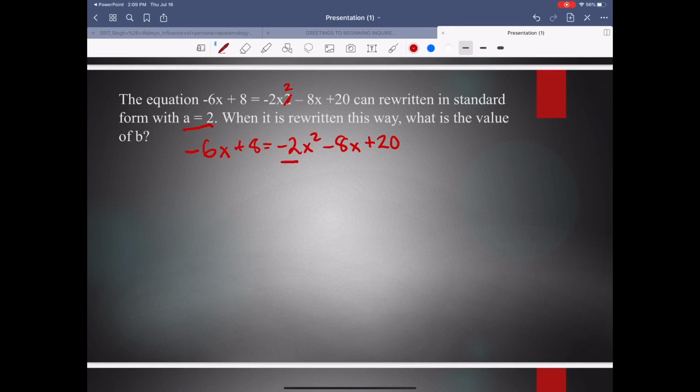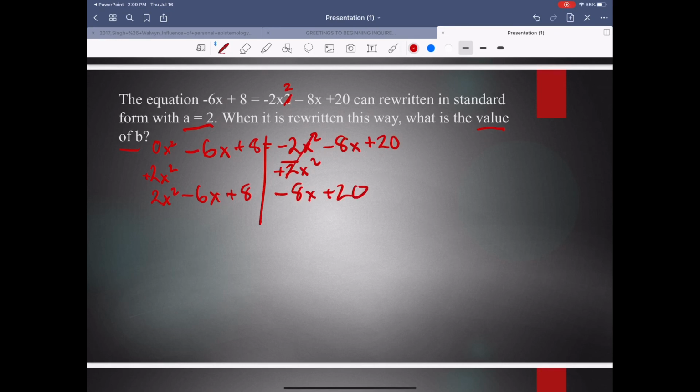But if you notice, the question's asking for b. So first off, let's go ahead and move all our terms to the side it wants us to. So draw my line. I'm going to move one term first. The inverse of negative 2x squared is plus 2x squared, plus 2x squared. Now you notice on the left there isn't a quadratic term, so basically this is going to be 0x squared there. 0 plus 2 gives me 2x squared minus 6x plus 8 minus 8x plus 20, because this is now gone.